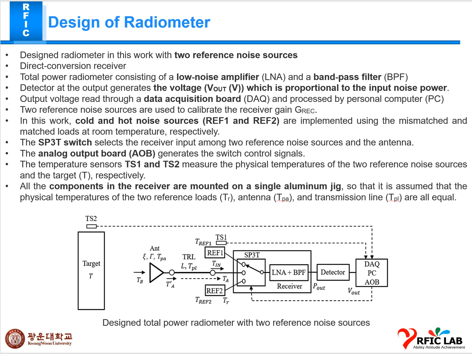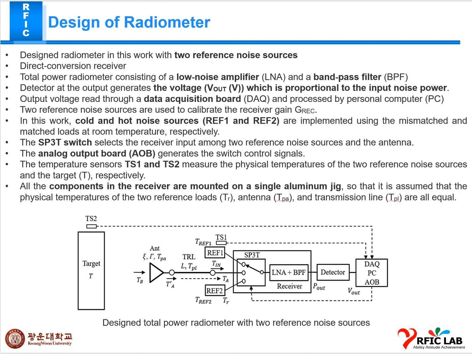The total power radiometer has an LNA, a band pass filter, and a detector whose output generates a voltage proportional to the input noise source power. The output voltage is read by the DAQ, the data acquisition board, which is connected through a personal computer to process all this.